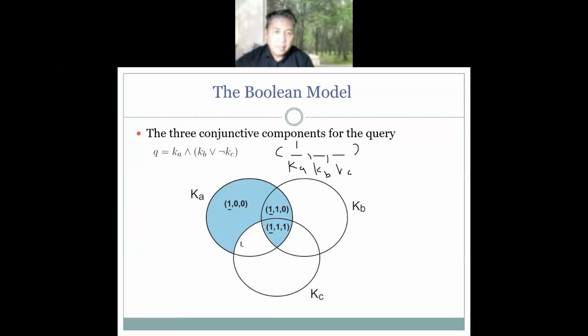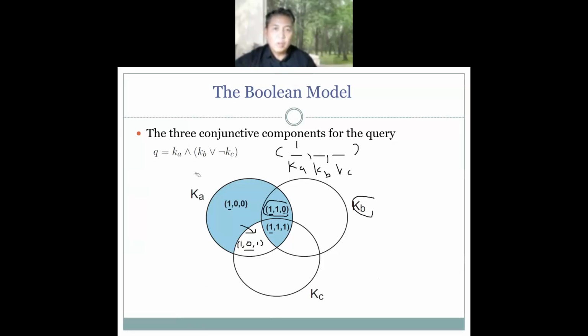This one is also 1, but we are not in B, so this is 0. But we are in the circle of C. So when we are here, we are in the circle of A, in the circle of C, but not B. Similar to this, we are in KA's circle and in B's circle, but not in C, so 0 here. Okay, so this is for the 3 variables.